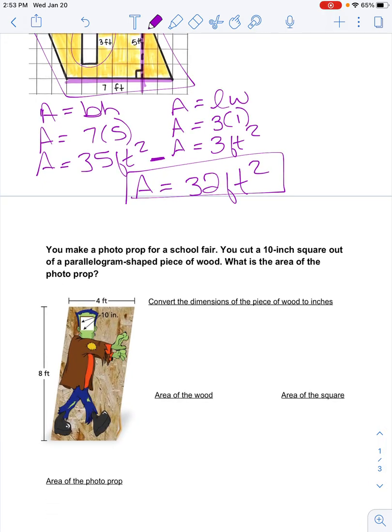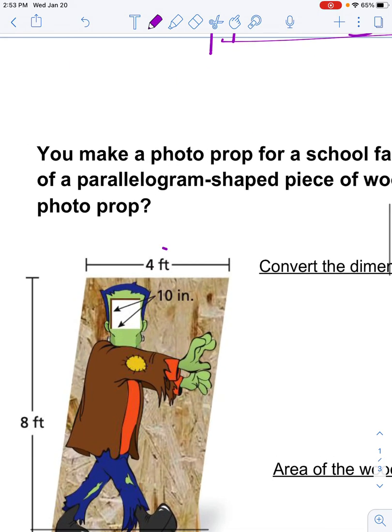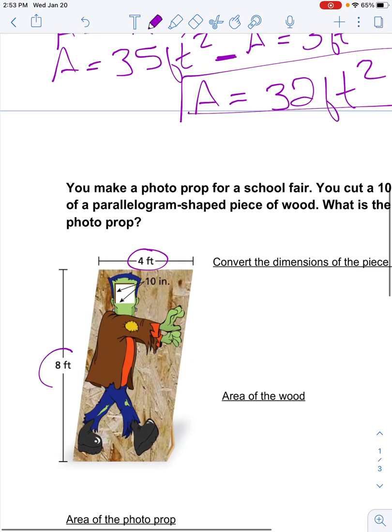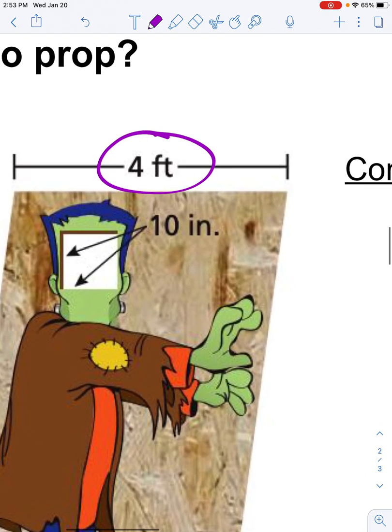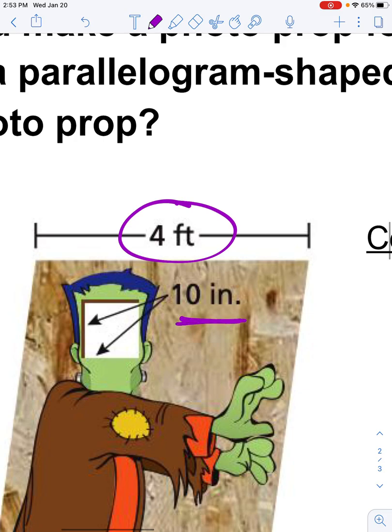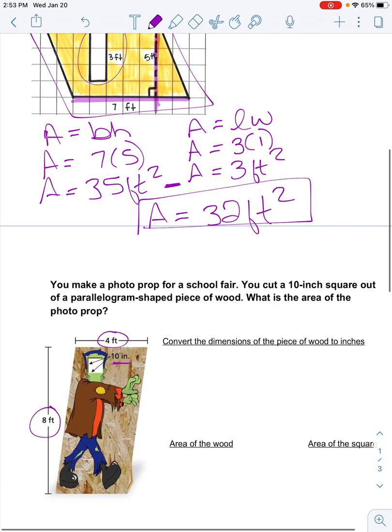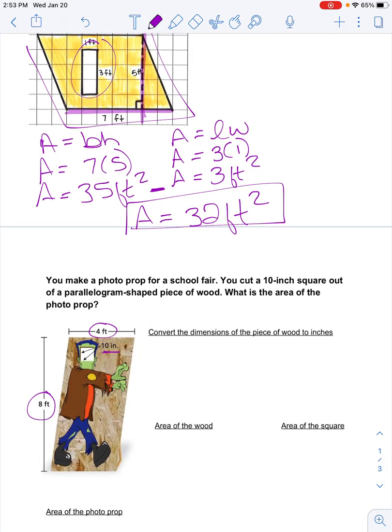This second one kind of gets us because we've got some different measurements. So look carefully. We have 4 feet, 8 feet, and then in here, what's not shaded, it's in inches, which is super annoying. So we have to do a little bit of converting. Just pay close attention to all of the measurements when you're doing these.